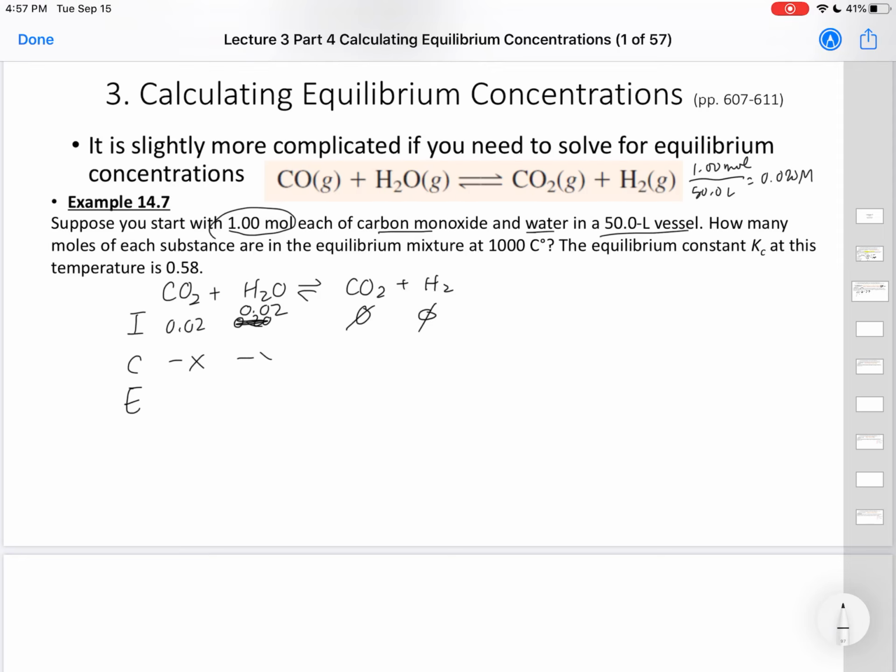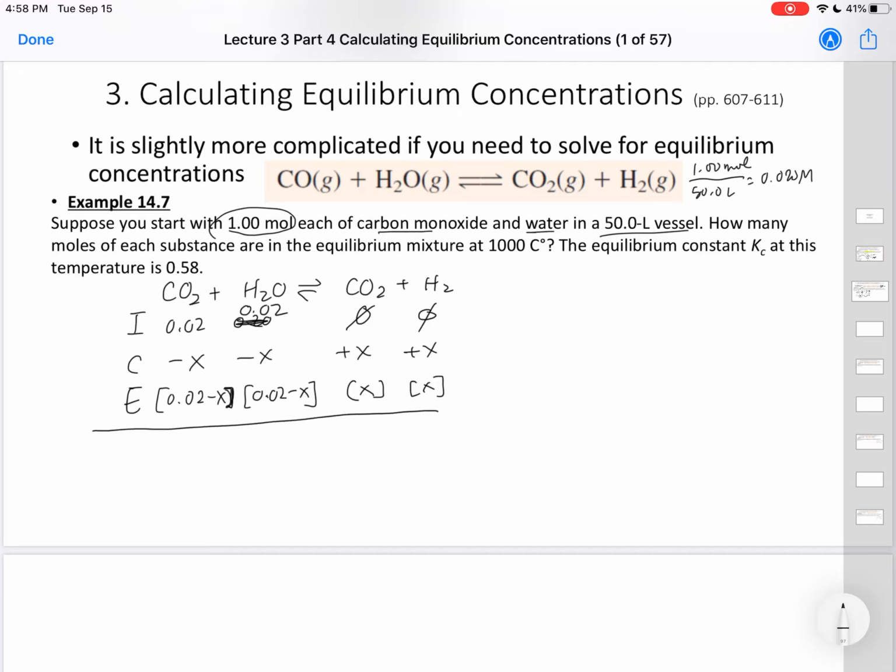You're going to go minus x because these are the reactants, and plus x because these are the products. So therefore, at equilibrium, you have 0.02 minus x, 0.02 minus x, and x, and x. These are your concentrations at equilibrium. If you knew what x is, life would be good.